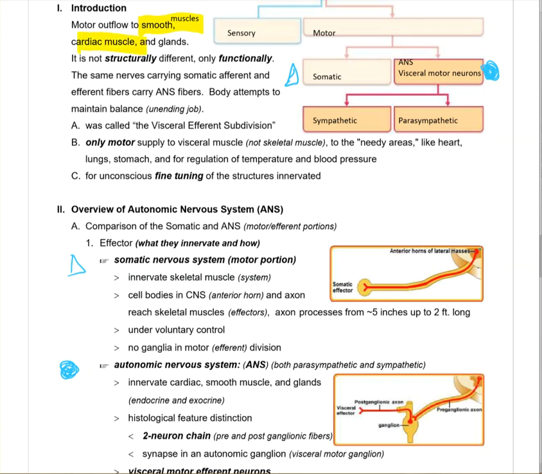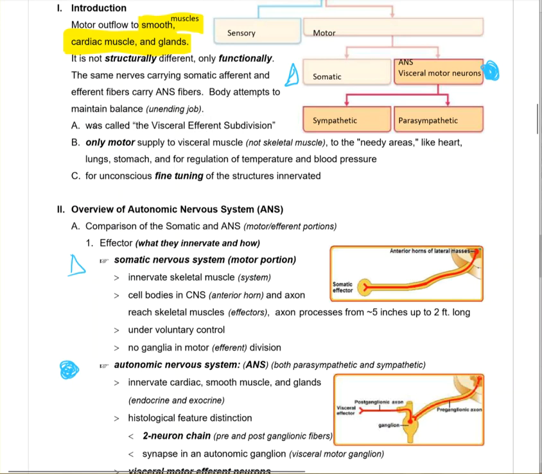So what does that leave? That leaves skeletal muscle. Skeletal muscle is handled by the somatic system. It's not structurally different, only functionally different. The same nerves carrying somatic afferent and efferent fibers carry ANS fibers. Okay? Body attempts to maintain balance, an unending job.